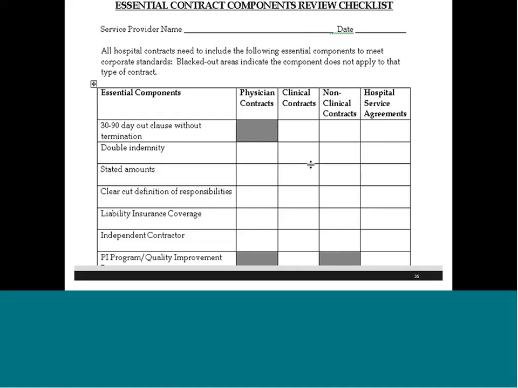If the hospital got sued because of what the ED physician did, he was an independent contractor, they agreed to indemnify us. And then they had to have liability insurance, and it had to be from a company that we knew was going to be around and not go belly up.